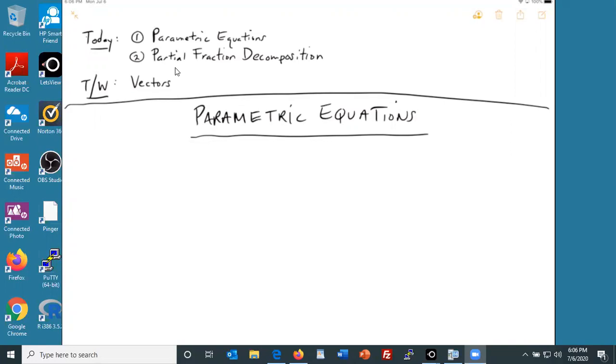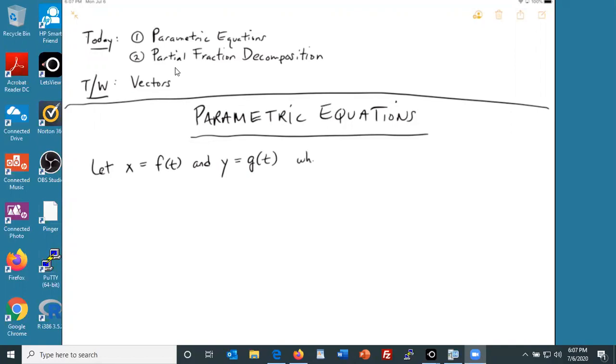So let's write out a definition here to first define parametric equations formally. So the formal definition is this. We let x equal some function of t, and we let y equal another function of t that's different. So we don't want to write f of t for both. We want to write f of t for one of them and g of t for the other.